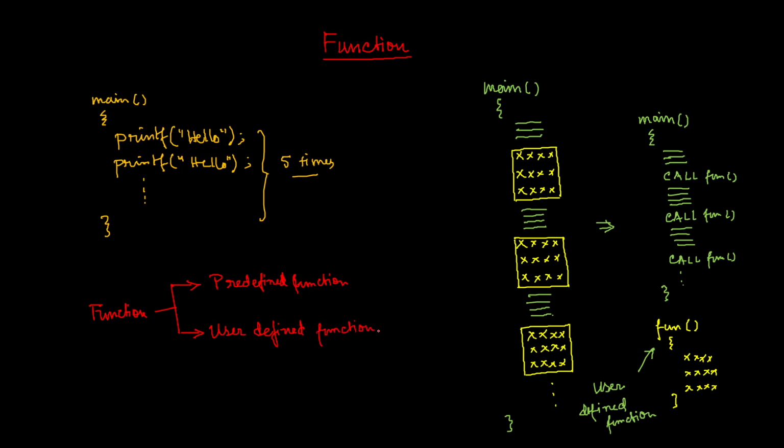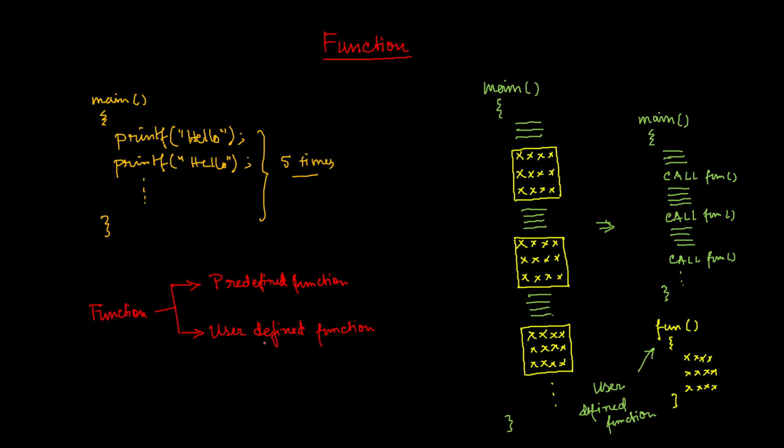What is a predefined function? The answer is given within the name itself, predefined. That means the definition of the function is already given within the C library. How the function will work, what the function actually does, everything is written somewhere in the C library.